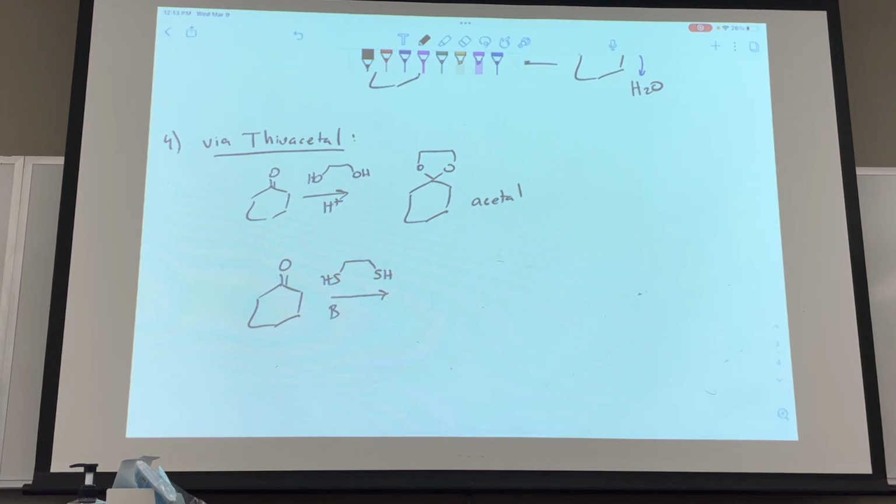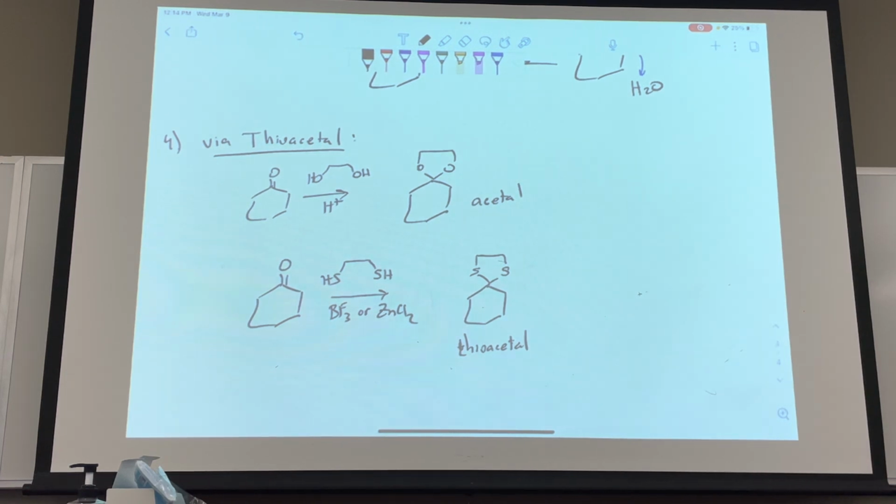A lot of times you'll see something like boron trifluoride or zinc chloride rather than a Bronsted acid. But the product is the same. You make this, which is a thioacetal.